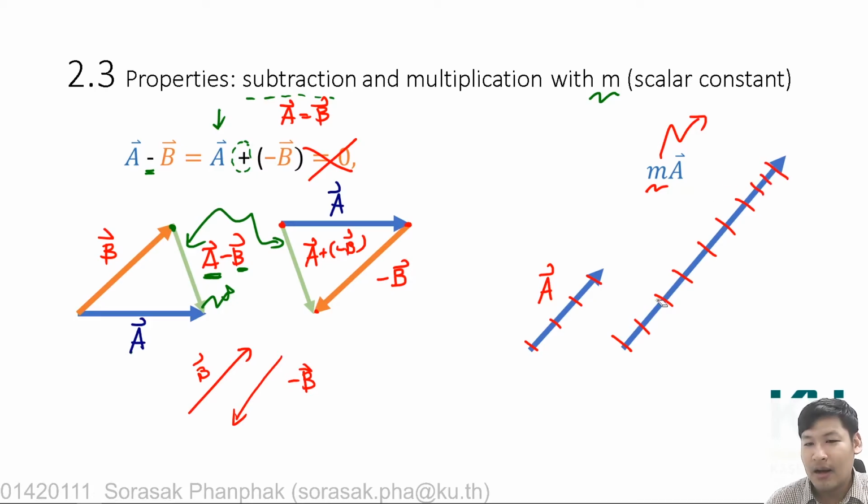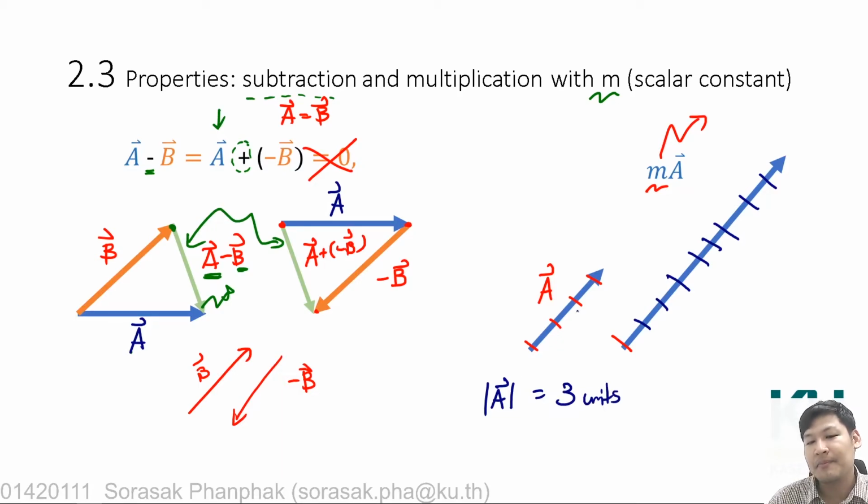Here, for example, maybe I'll rewrite it again. Like this, for example. So what is the magnitude of A initially? You can count 1, 2, 3. So this is 3 units in vector A. The direction is still theta here.